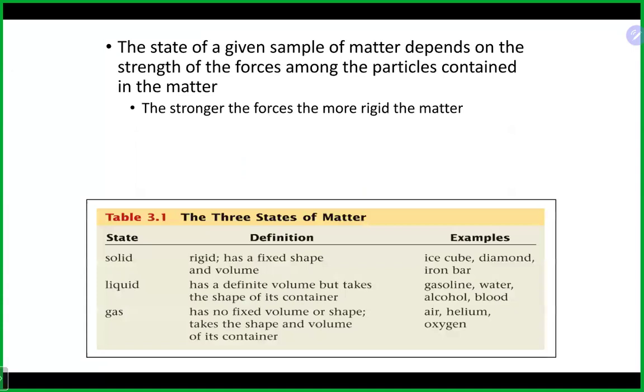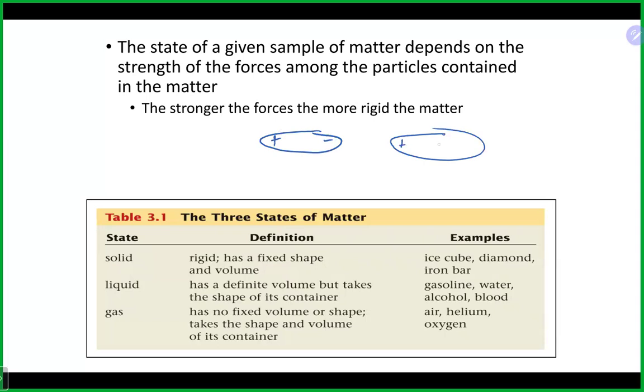Now, the state of a given substance really depends on the attractive forces between the molecules. The stronger the attractive force is, the more rigid the matter will be. So, for example, the same molecules are basically held together by forces.